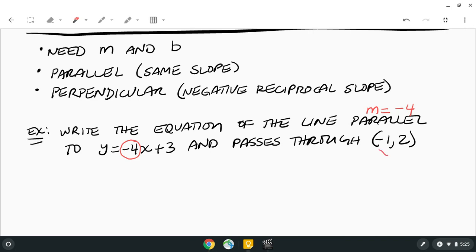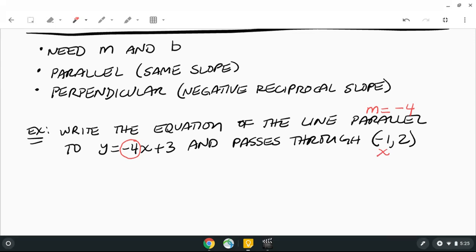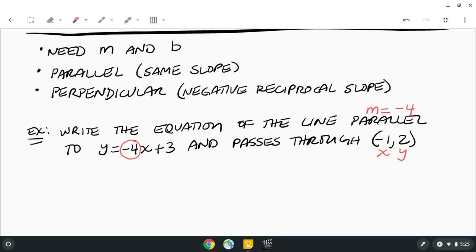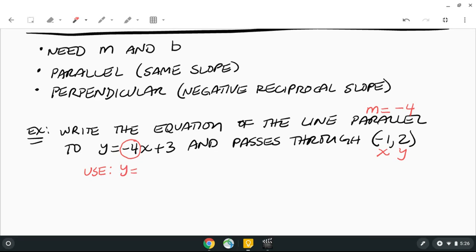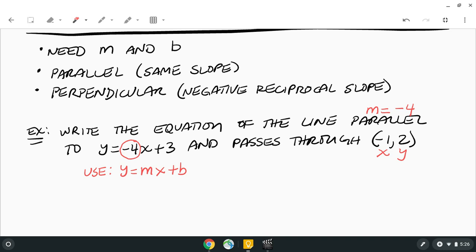So here's x, and this is y, and we are going to use the equation y equals mx plus b to solve for b. We're going to plug in for y, plug in for m, and plug in for x and solve for b. Okay?